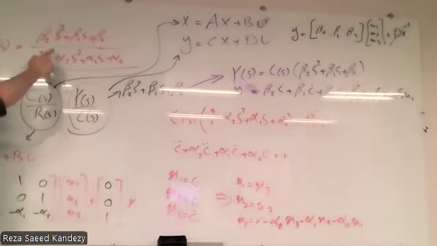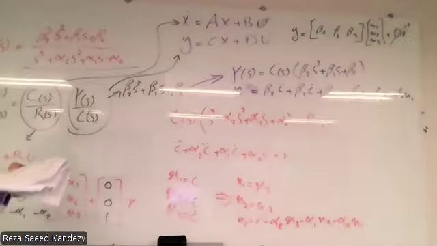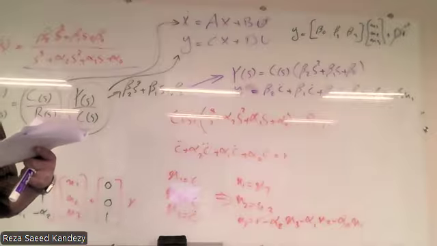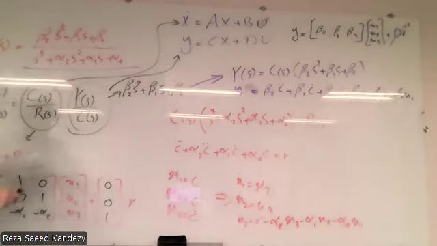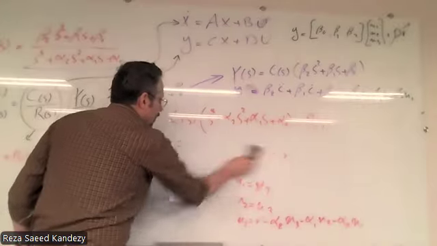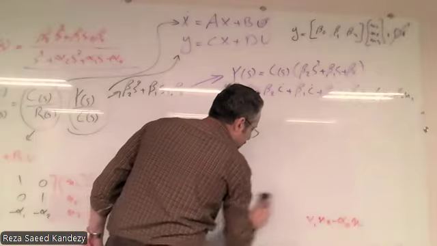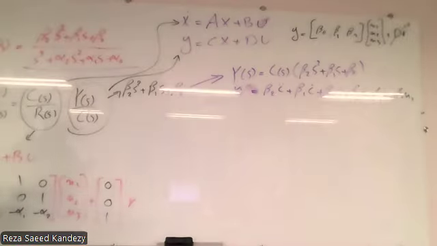Is that clear? One order less than the denominator, which basically is what we call a controllable canonical form of a system. You can easily develop, I'm going to erase this, and find out the A matrix, B matrix, and the C matrix. Okay.